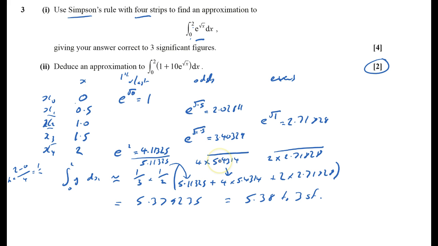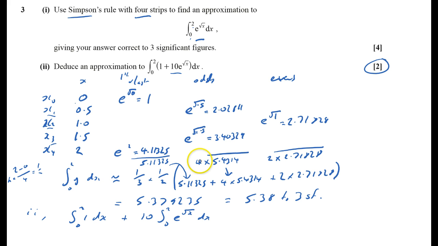This is very, very similar to here. Between 0 and 2, it's going to be 10 lots of that bit, but I've also got to integrate, so it's going to be the integral between 0 and 2 of 1 dx plus 10 lots of the integral between 0 and 2 of e to the root x dx.